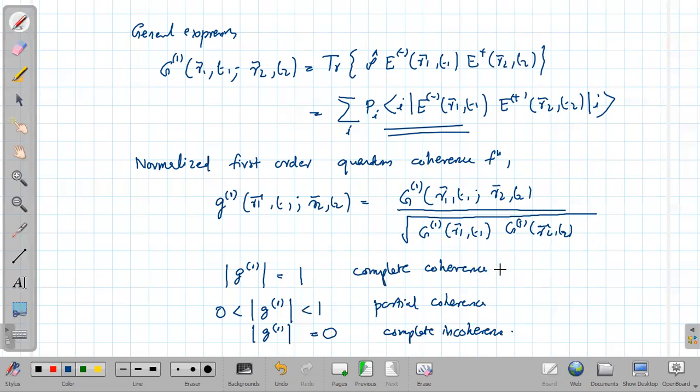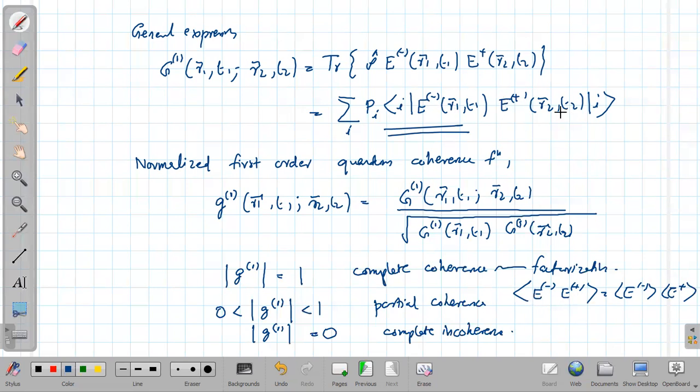So factorization is also a condition for complete coherence. Now E minus depends upon a and E plus depends upon a dagger.